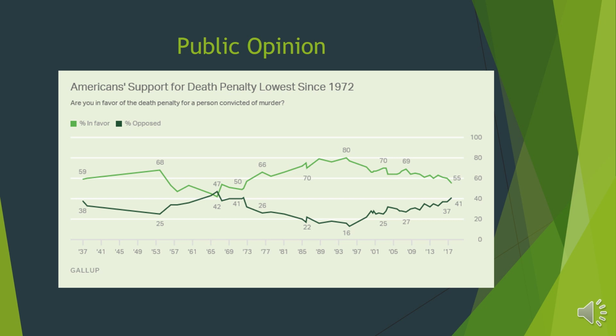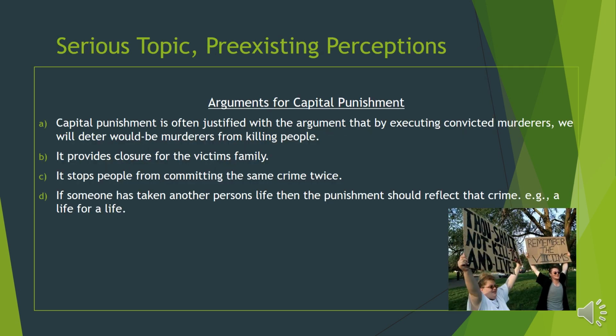In favor has ranged anywhere from a fairly low point now, 54%, to a high of about 80%. It shows that in the US context, over a period of time, there is still a majority of people that support the death penalty for a person convicted of murder. However, the number does fluctuate and currently has dropped. So that's kind of an empirical way of starting to think about this topic.